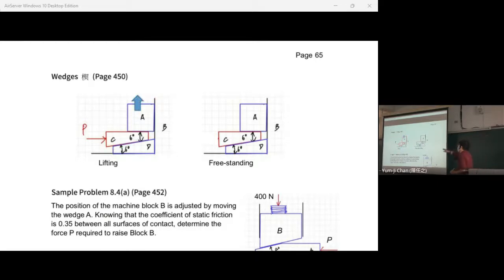But after we remove the force P, it is at rest and in equilibrium. We call it freestanding, because this one will not go to the left and this one will not fall. So it will stay at rest in equilibrium. It's called freestanding. So I will talk about this on Tuesday.